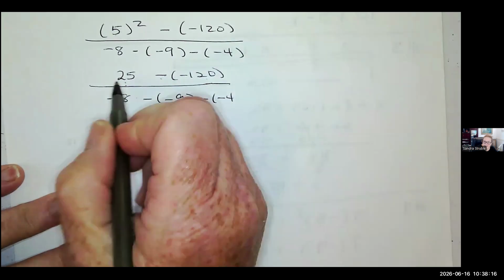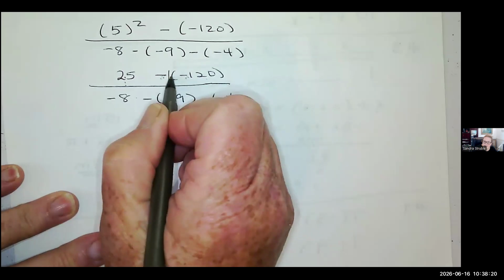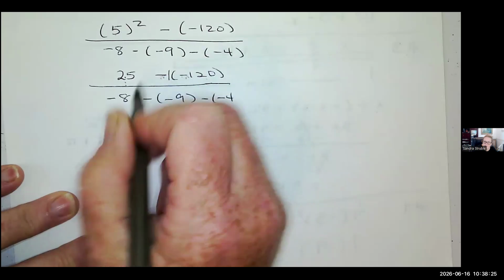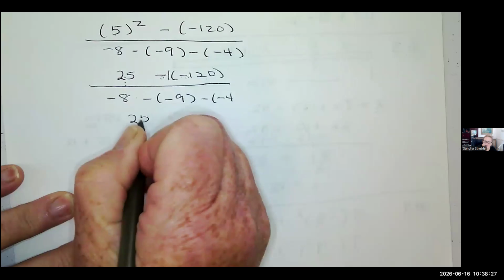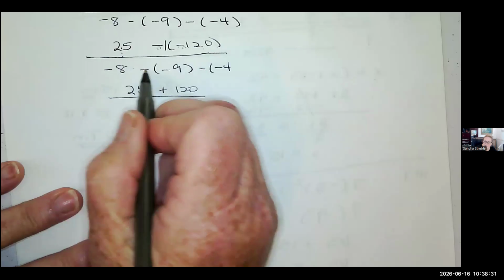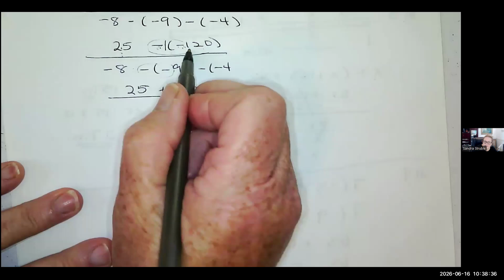These are multiplied. This is like a -1 times negative 120. This will make this a negative times a negative, a positive. So 25 plus 120 over -8 minus a -9. So this is the same thing that's happening up here. And so is this. So I'm going to bring down the -8.